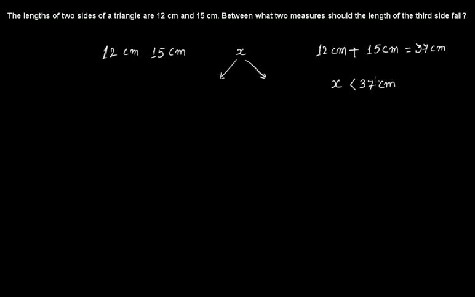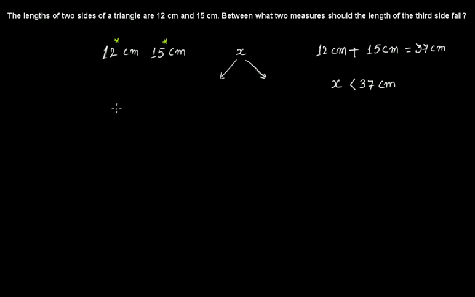That's for sure. If you remember, we had discussed the second point, that if you subtract the lengths of two sides, then that will be smaller than the third side, right? So in this case, 15 centimeter is greater than 12 centimeter.